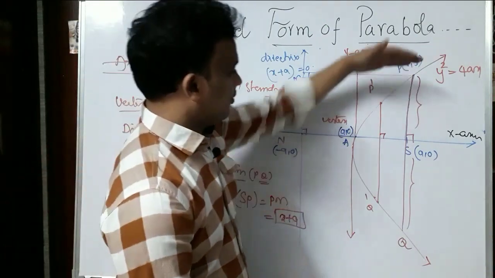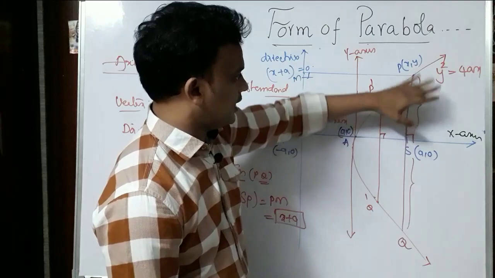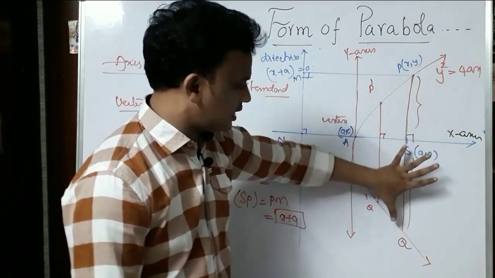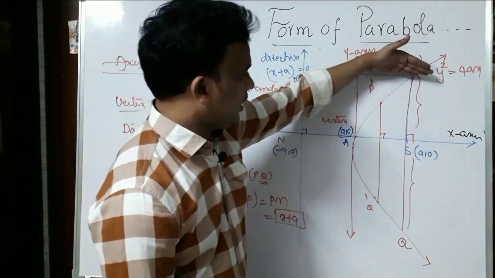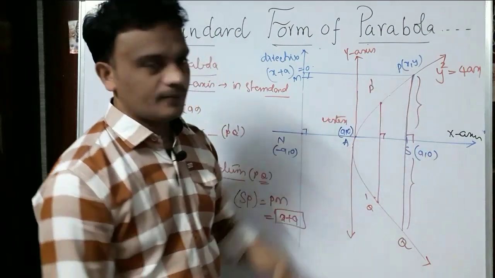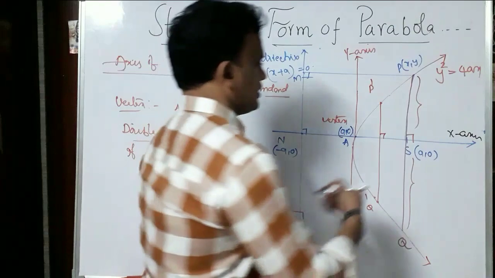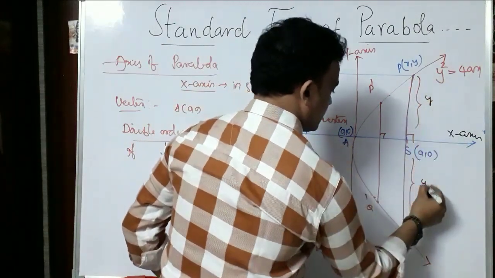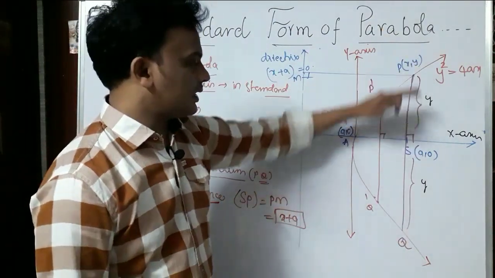From the point P to the x axis, the distance is the y coordinate, and the same on the other side. So this is y and this is y, which is 2y. The total length of the latus rectum is 2y.